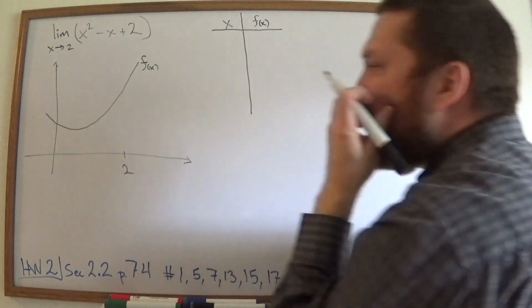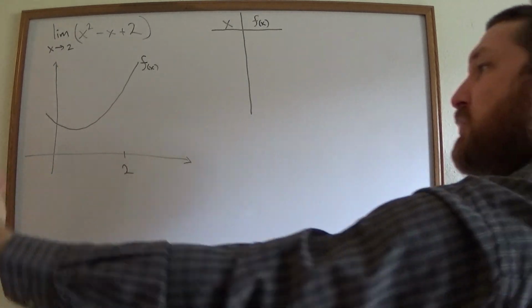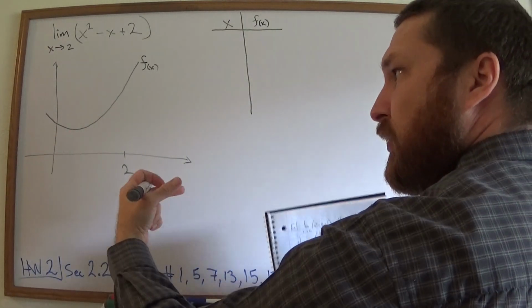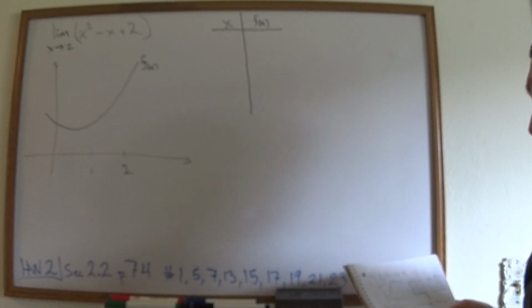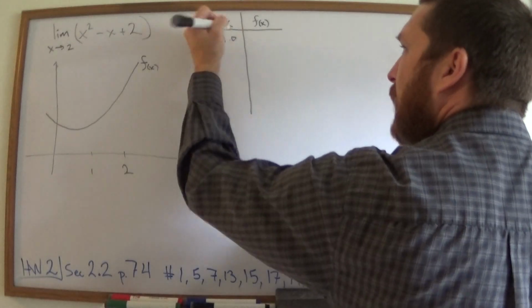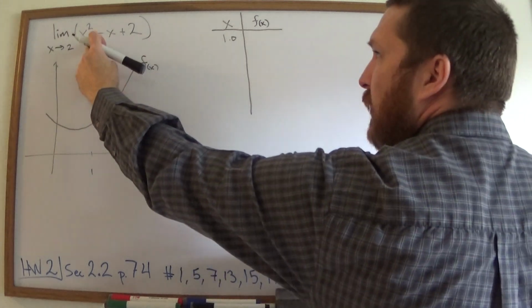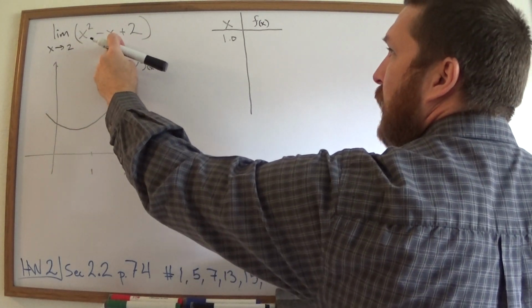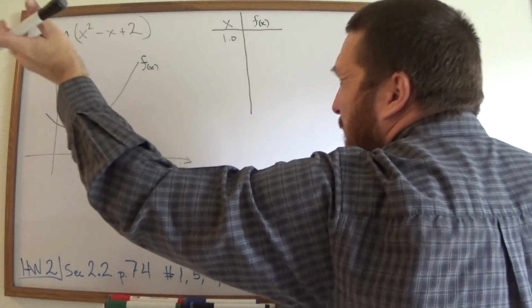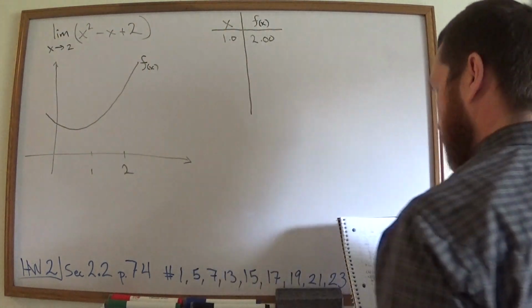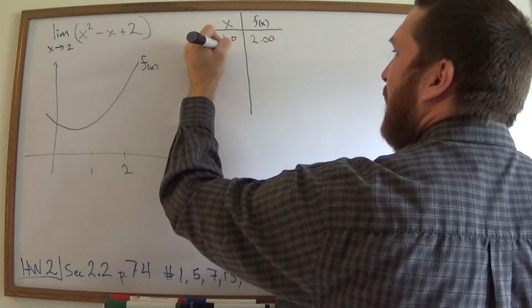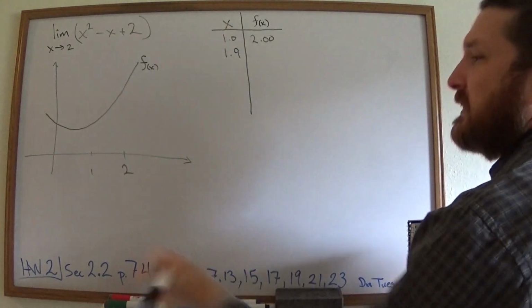So the idea is this: we want to go from 2 different sides towards 2. I'm going to start here at 1, and plug 1.0 into my calculator. 1 squared minus 1 plus 2, and what pops out is a 2.0. Then I do the same thing, but now I'm going to go 1.9, because I'm getting closer.